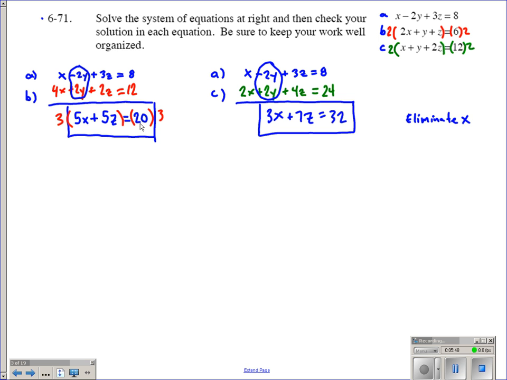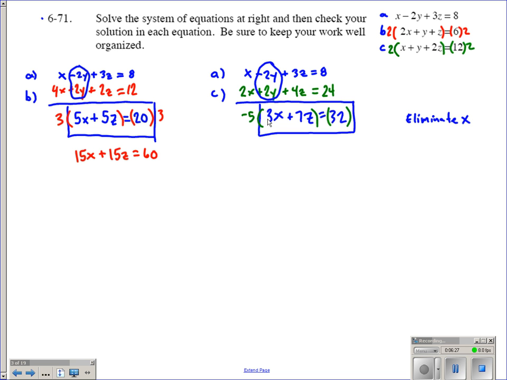Don't scribble out your equation because you still need it, but 3 times 5x gives me 15x. 3 times 5z gives me 15z. And that should equal 60. Now, my other x, I'm going to have it end up equaling negative 15. So think about what you have to multiply 3 by to get negative 15x. We're going to need to multiply by a negative 5.